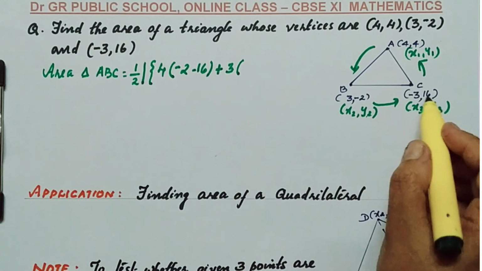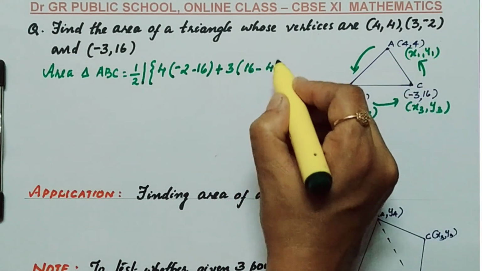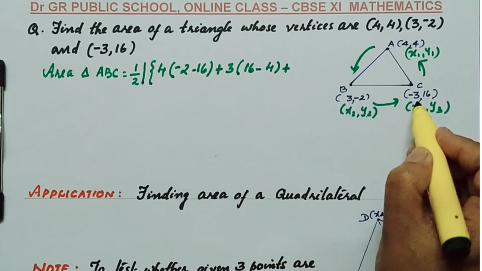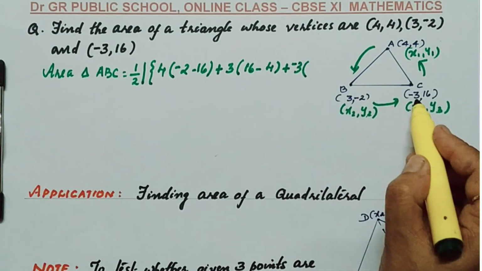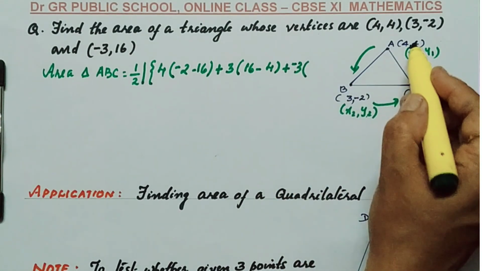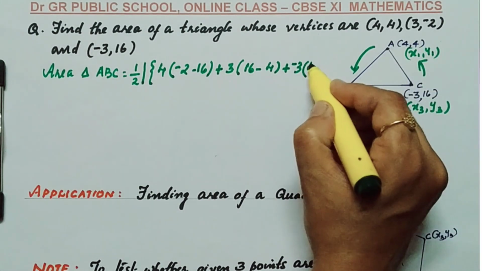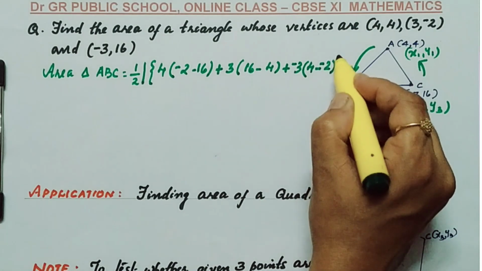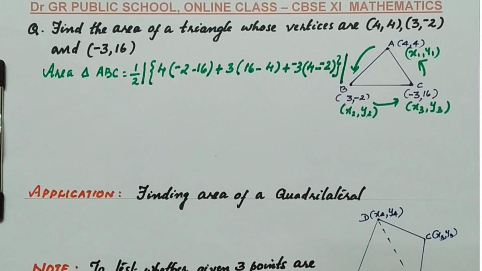What is y3? y3 is 16, minus y1 which is 4, plus the last term, taking x3. x3 is minus 3, into, when taking x3 you need to subtract y1 minus y2, that is 4 minus (minus 2). Then close this bracket, don't forget to put the modulus symbol.